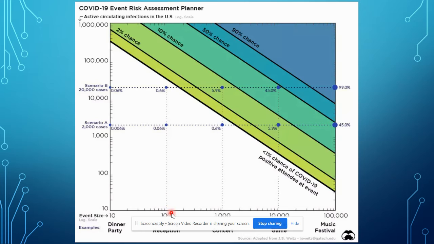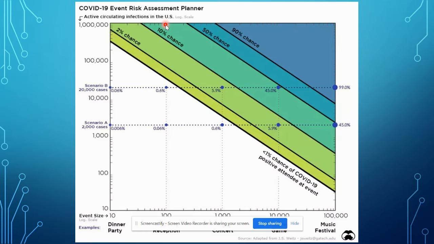And you can see that if there are 2,000 cases, the odds of getting COVID are pretty low, about 6/100ths of a percent. But if there are a million cases, you got somewhere between a 2 or maybe even like 10% chance of getting COVID if you're at a 100-person wedding reception.